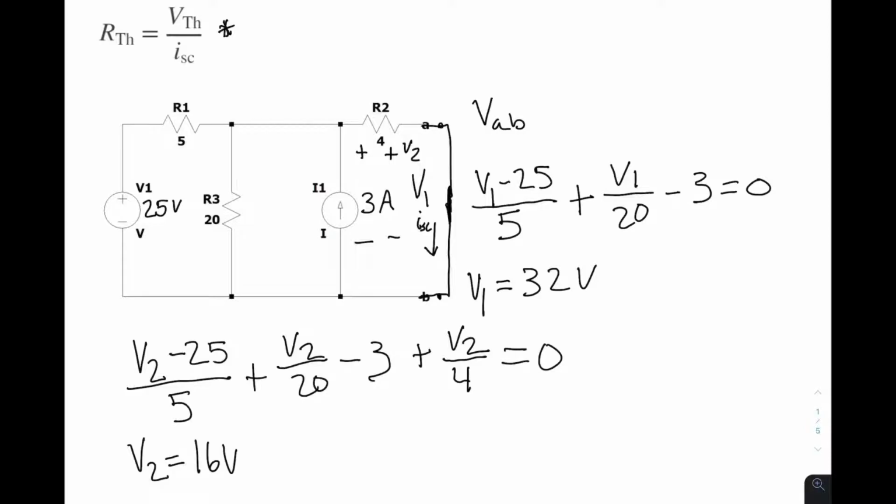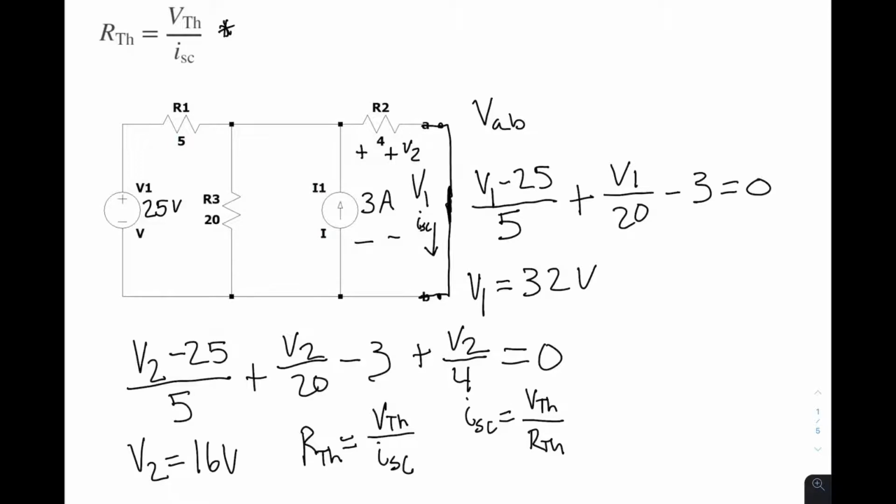Now using our equation from earlier, we can calculate RTH, which is equal to VTH over the current of our short circuit, and the current of our short circuit is going to be equal to V2 over the 4 ohm resistor.